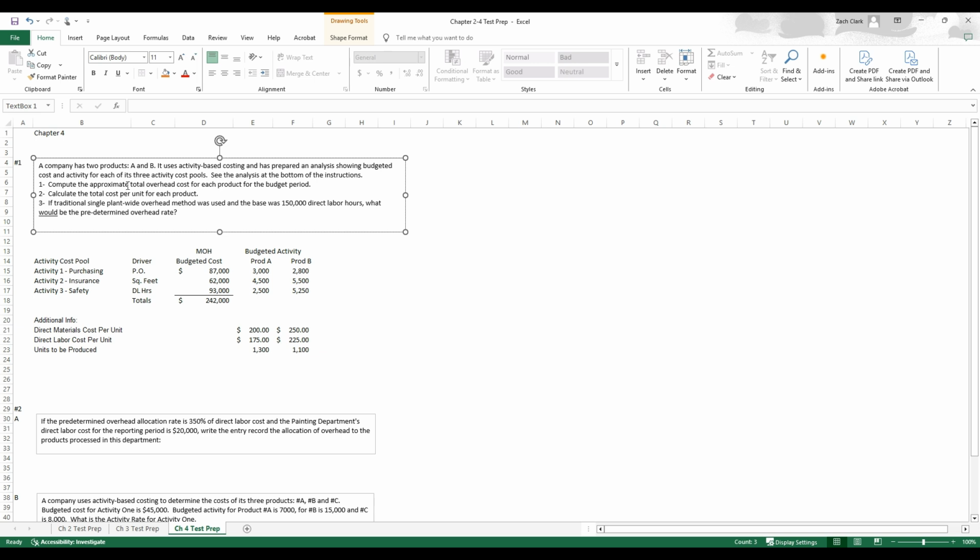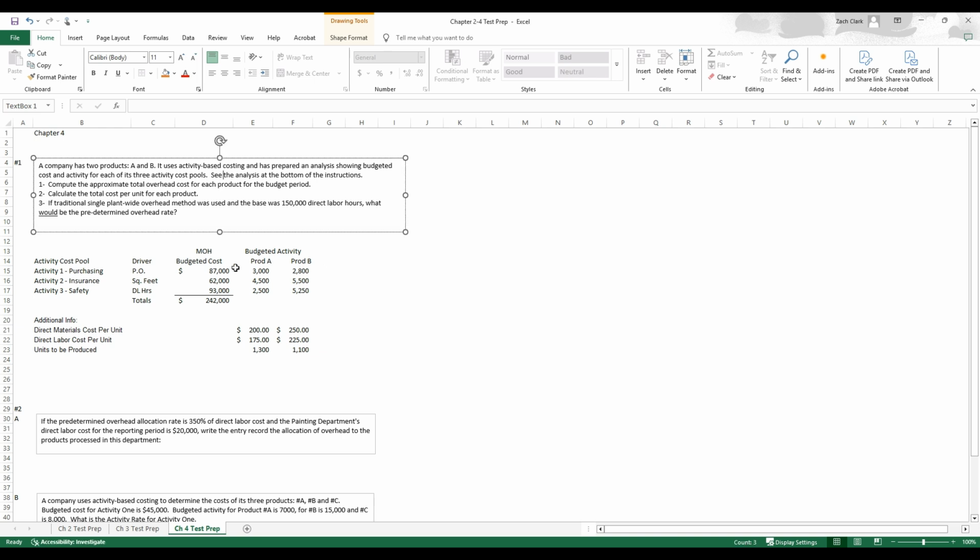So step 1, compute the approximate total overhead cost for each product over the budget period. Step 2, calculate the total cost per unit for each product. And then step 3, if a traditional single plant-wide overhead method was used and the base was direct labor hours, what would the predetermined overhead rate be?